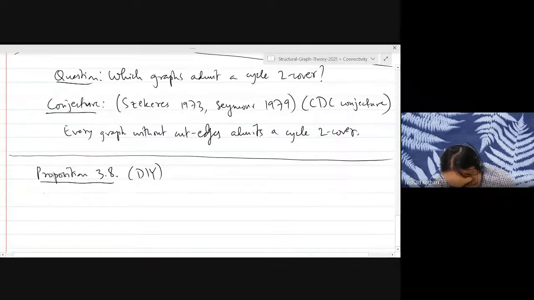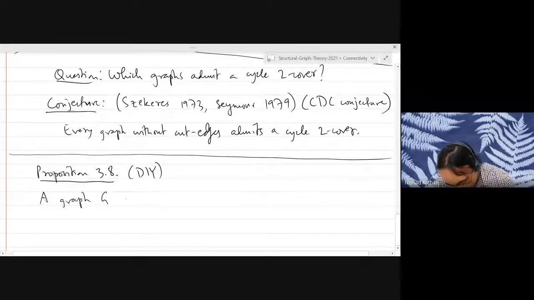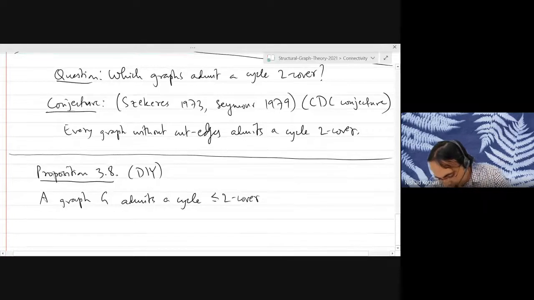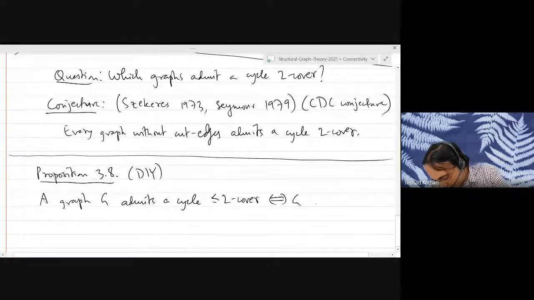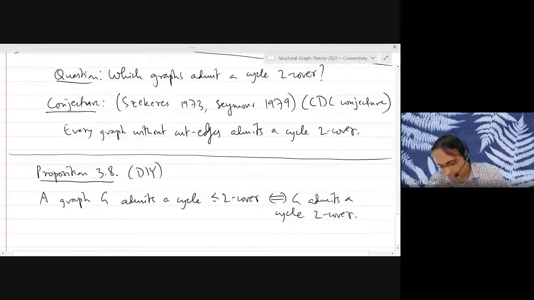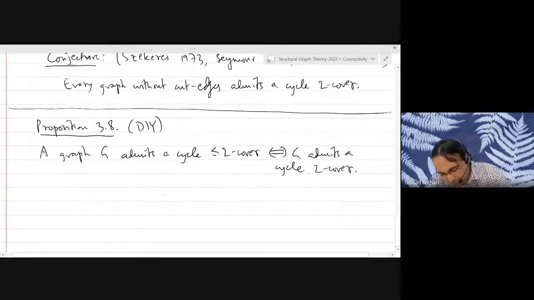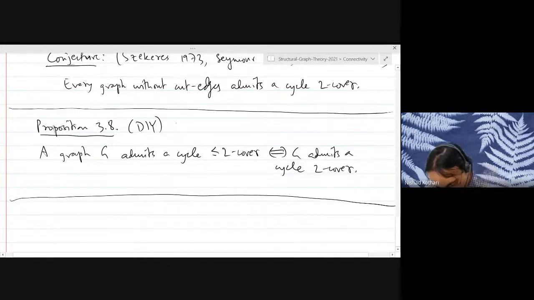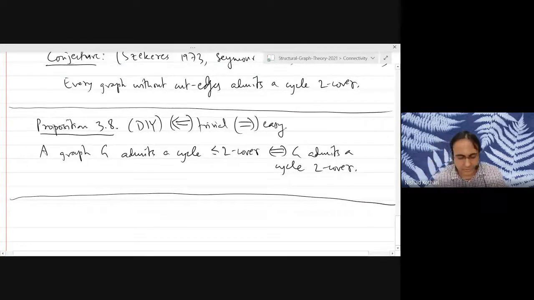A graph G admits a cycle at most 2 cover if and only if it admits a cycle 2 cover. So one direction is trivial. A cycle 2 cover is a cycle at most 2 cover, right? So this direction is trivial and the other direction is easy using the previous module's knowledge. Okay?